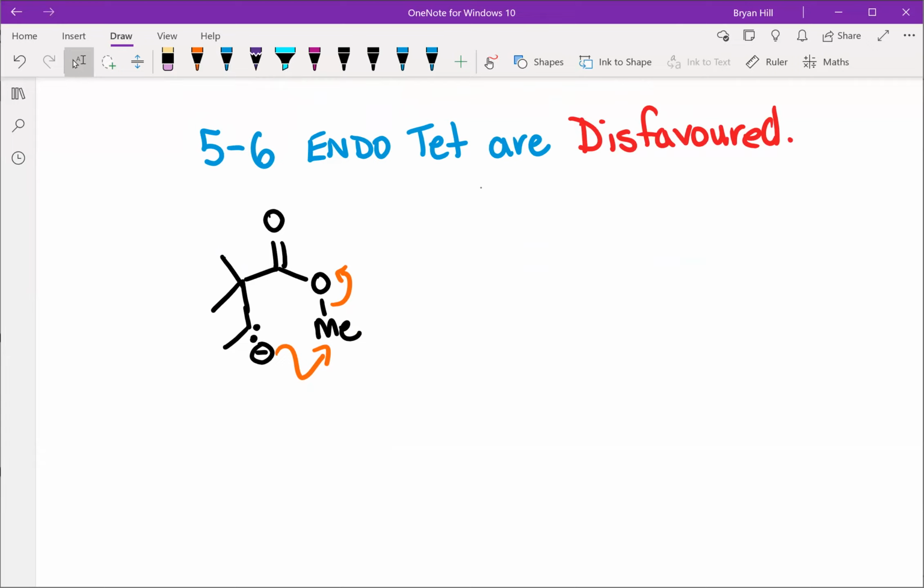Does anyone have an idea as to why these would be disfavored?